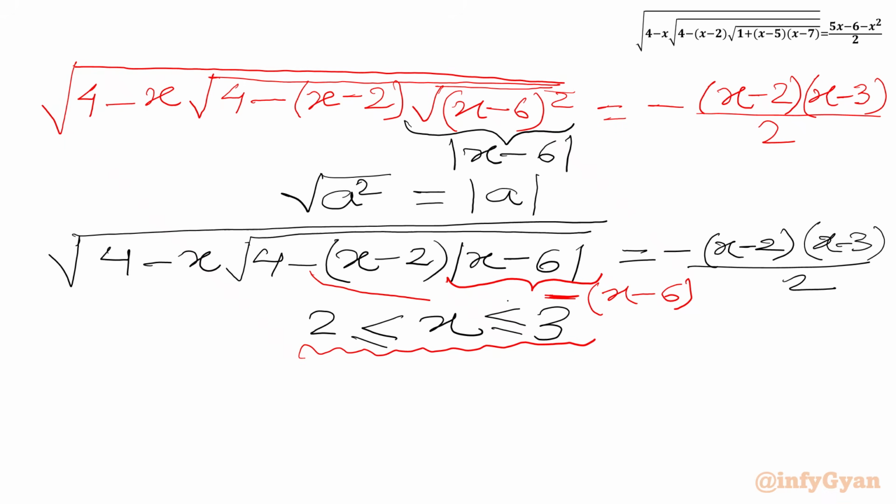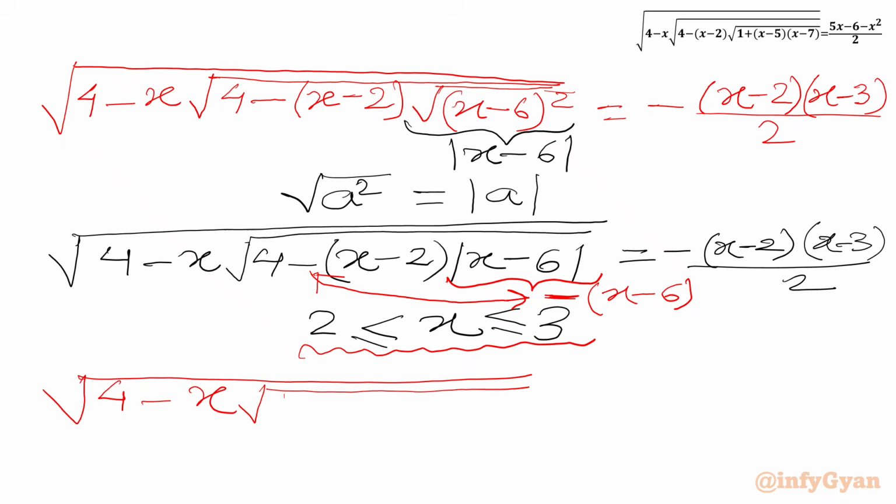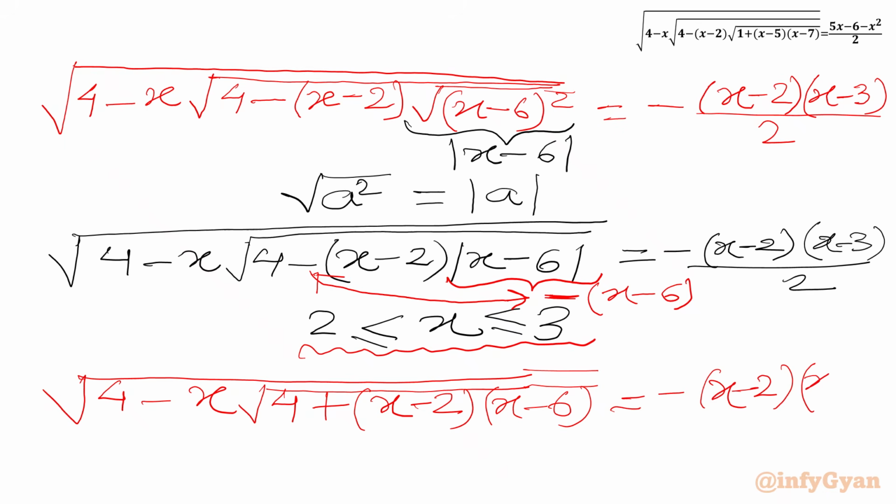Now we can multiply these two minus signs and we will get a plus sign in between. So we will write our equation: square root of 4 minus x, square root of 4 plus x minus 2, times (x minus 6), equal to RHS, which is minus of (x minus 2) times (x minus 3) over 2.